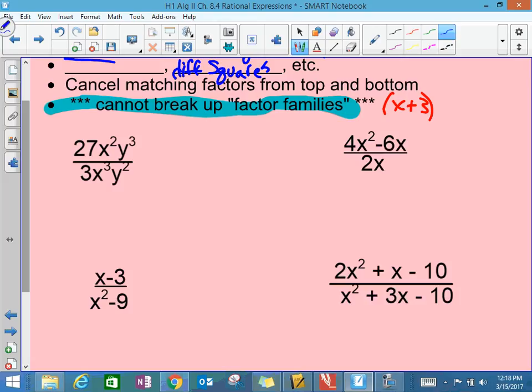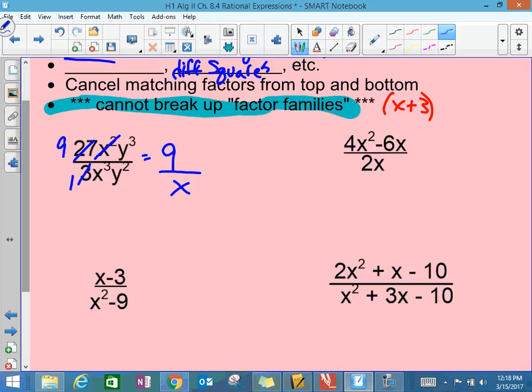27 divided by 3 gives us what? 9, right? So we can take out a 3. 3 goes into 27 9 times, so we get a 9 on top, right? What else? The x squared and the x to the third gives us what? Right, x to the first on the bottom.